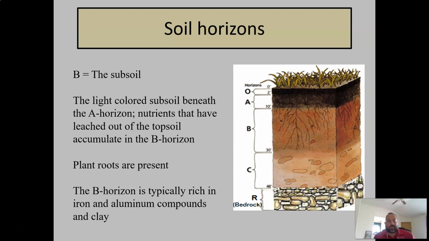So the subsoil, the B layer, is lighter colored because it's got less organic matter in it. Plant roots are usually still present here, and it's usually richer in iron and aluminum compounds, and there's usually more clay to it, which, if you think about it, also makes sense, because we want our soil to have good structure and be able to be solid and whole and be the foundation for everything happening above.